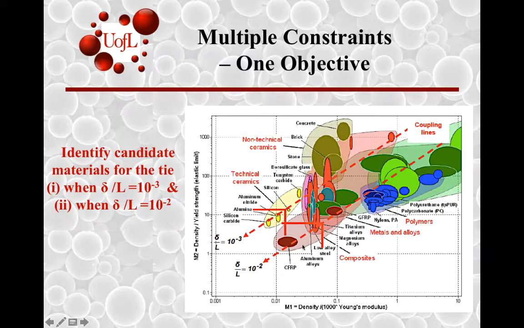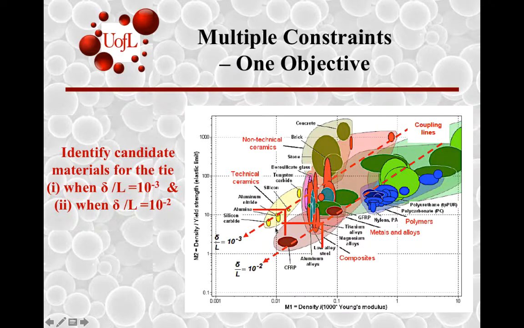And in the second kind of constraint where L over delta is 100, or the reciprocal is 10 raised to minus 2, you will come across carbon fiber reinforced plastics, aluminum alloys, titanium and magnesium alloys. Think about what you do with ceramics in tension. They will have flaws. They don't do very well, they do better in compression, right?